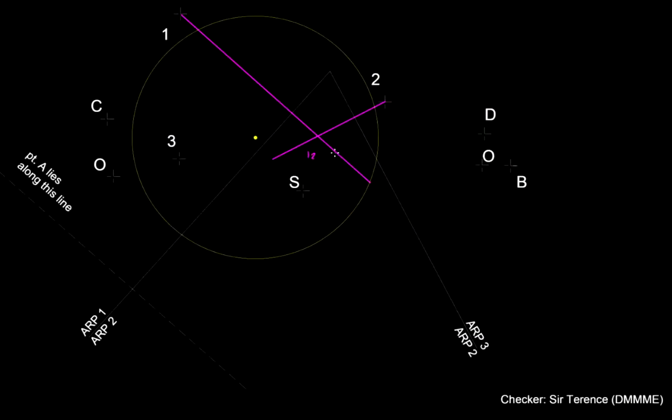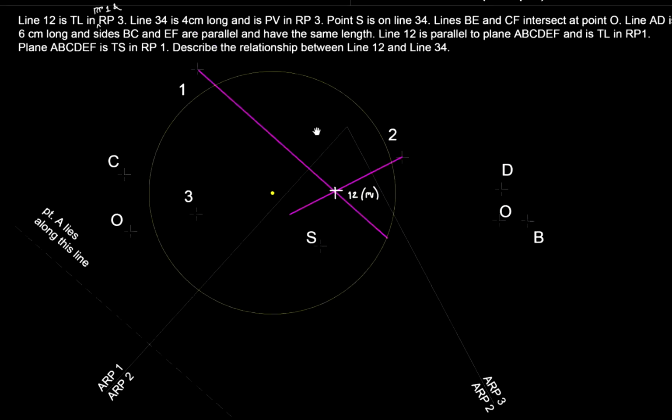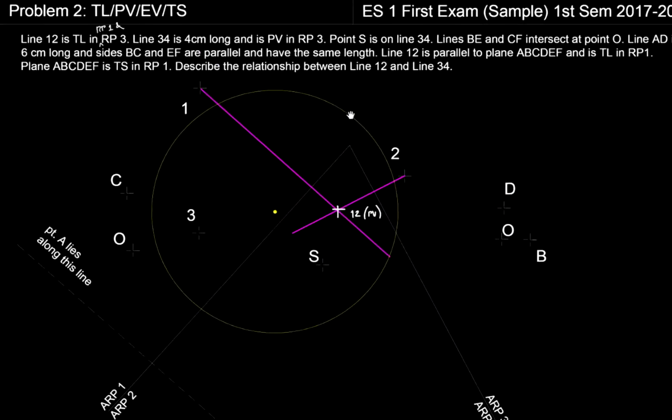So if I do this, this is the point view and the final answer, no? I can label it 1, 2 as a point view.